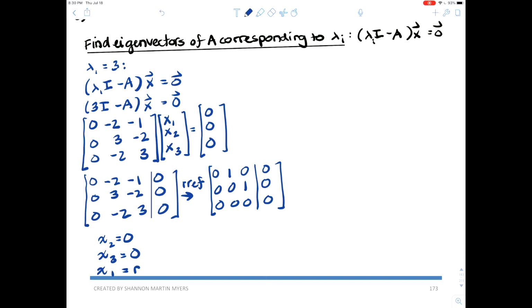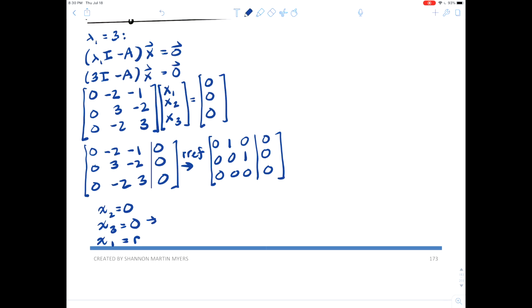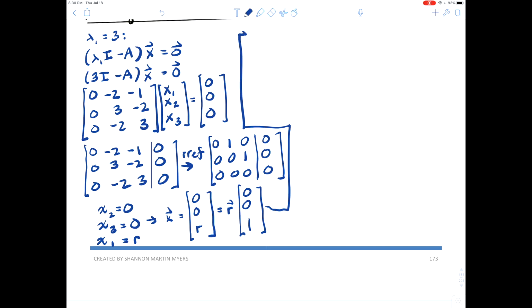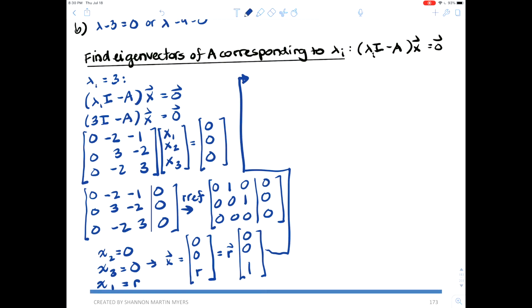So here we go. I've found the first eigenvector. Isn't that exciting? So if we look at our x vector, we've done this before. That's going to be equal to 0, 0, r. And if we factor out r, that would give us 0, 0, 1. Cool so far? So what we found out right here was the following.